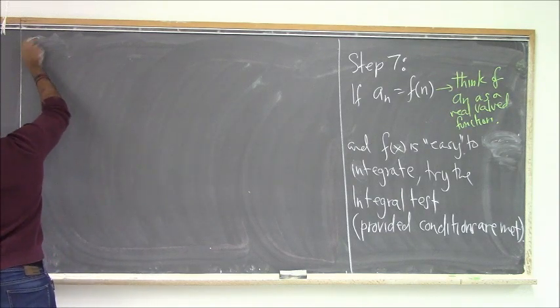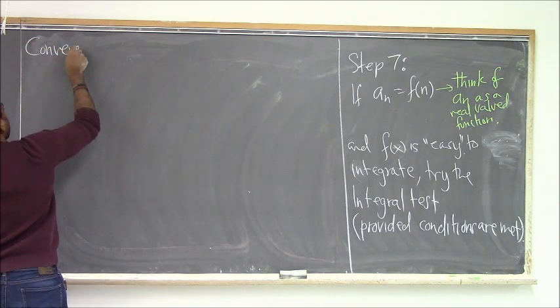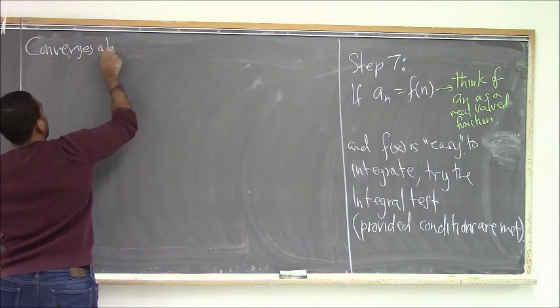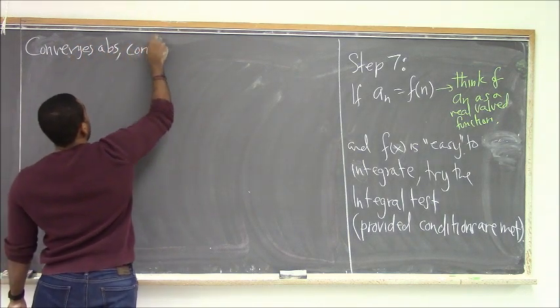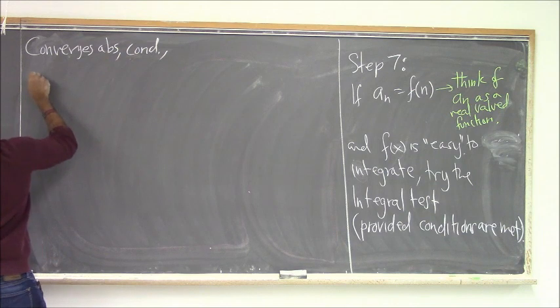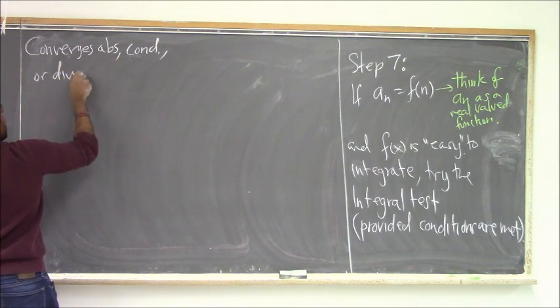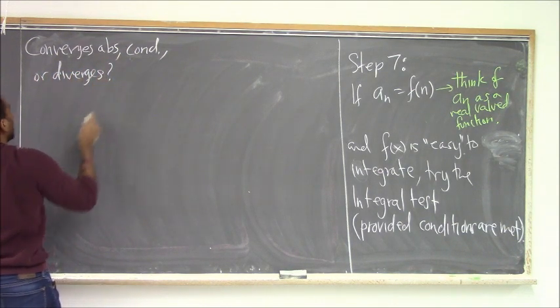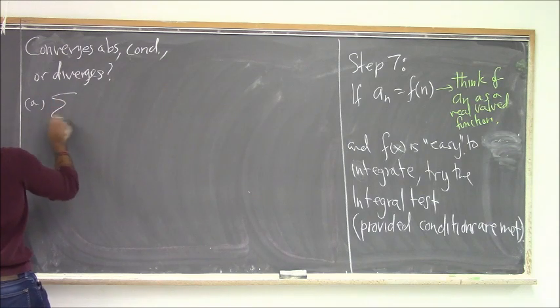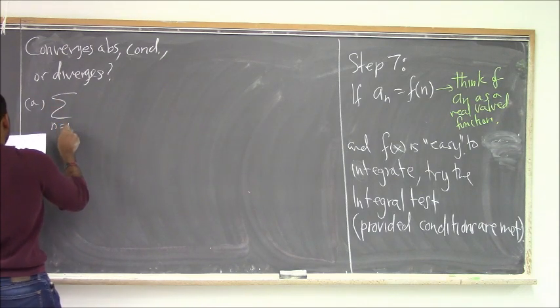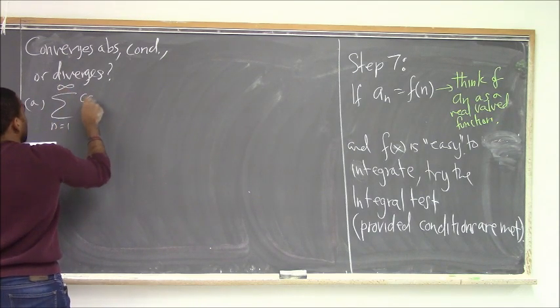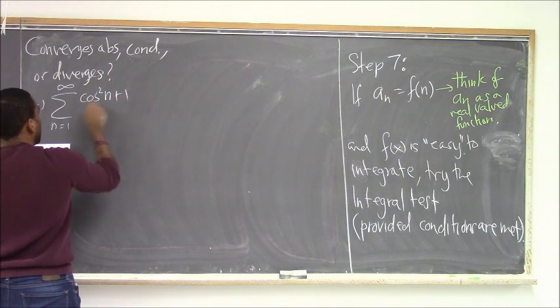So the question was, converges absolutely, conditionally, or diverges, right? And we had several examples. A: the series n goes from 1 to infinity, cosine squared of n plus 1 over n squared plus 1.